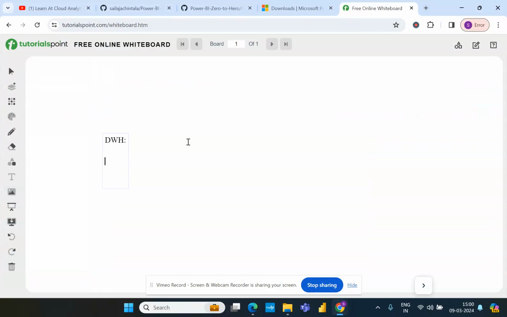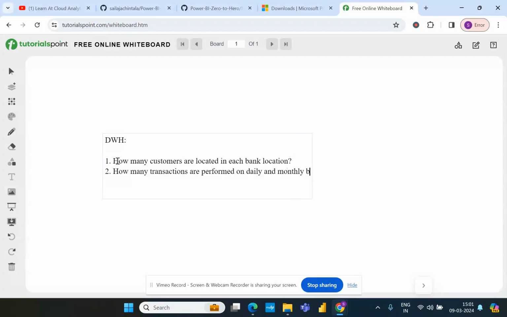So let me recap. What are my parameters that I'm interested to consider here? The first one is how many transactions or how many customers are located in each bank location. Then, how many transactions are performed on a daily and monthly basis.